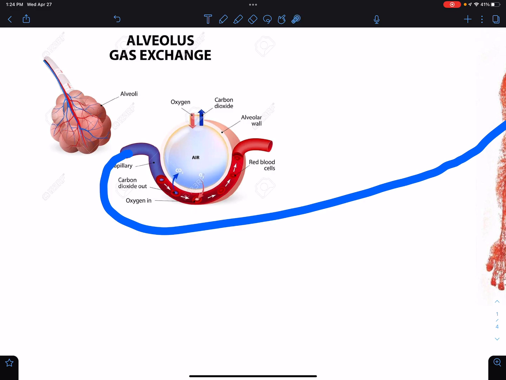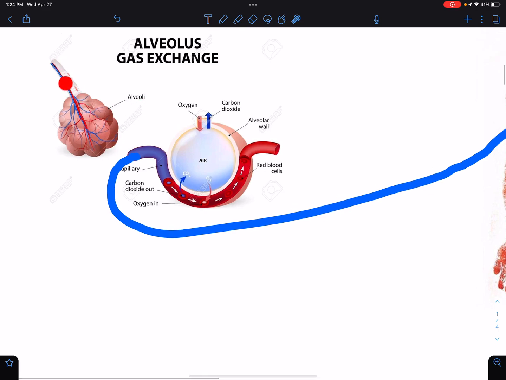And inside of your lungs, you have what are called a network of capillaries. Capillaries are tiny little blood vessels that are one single red blood cell thick. And the capillaries extend over these structures that kind of look like grapes that are called alveoli. Alveoli are full of air. They're like tiny little sacs of air.